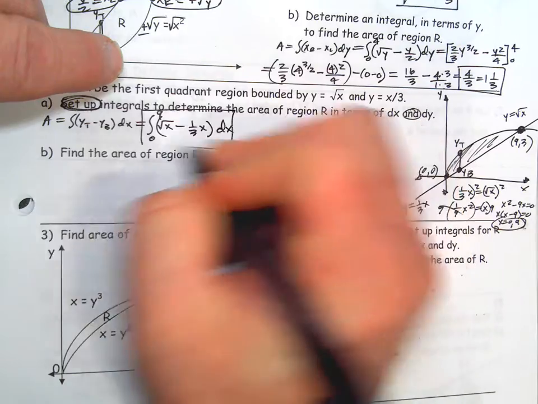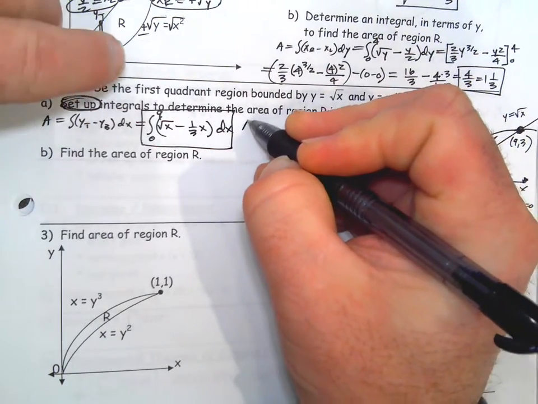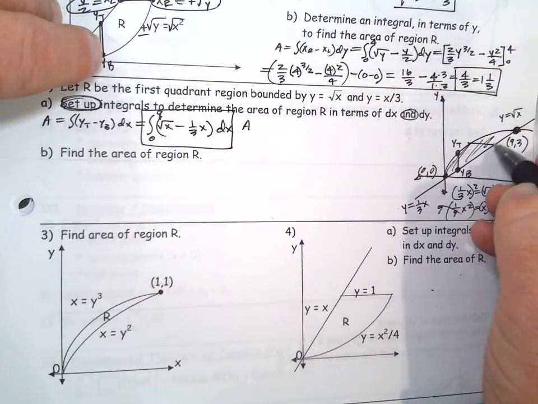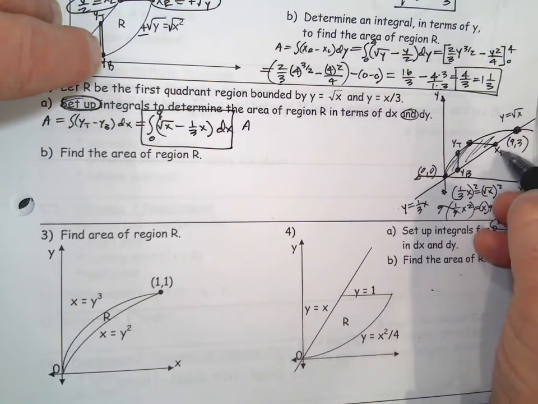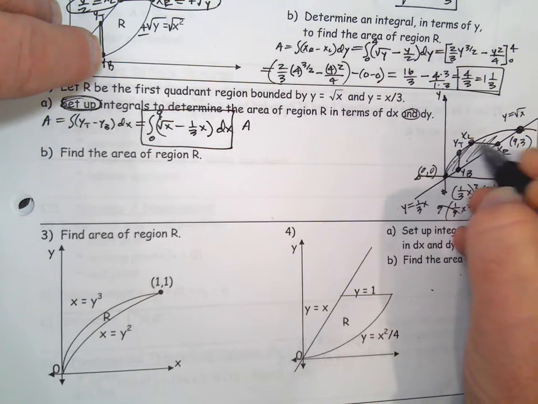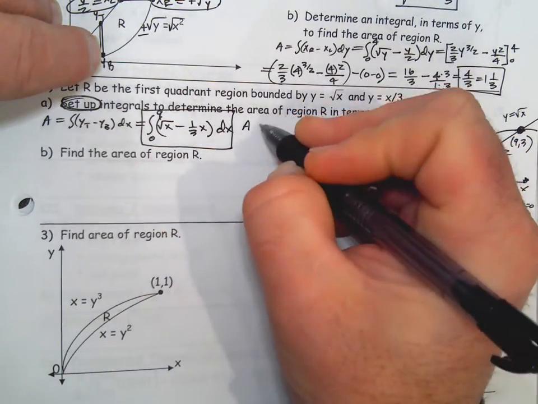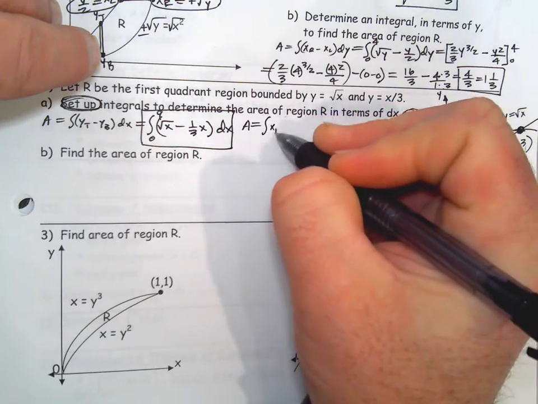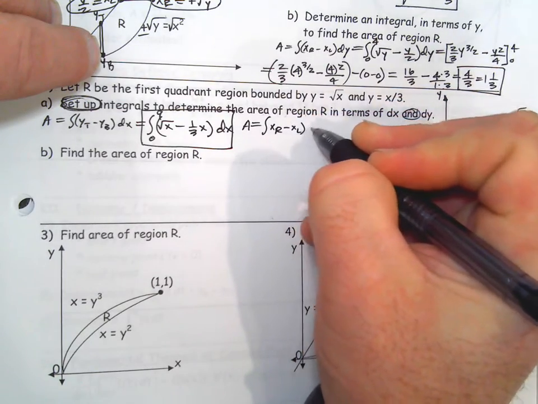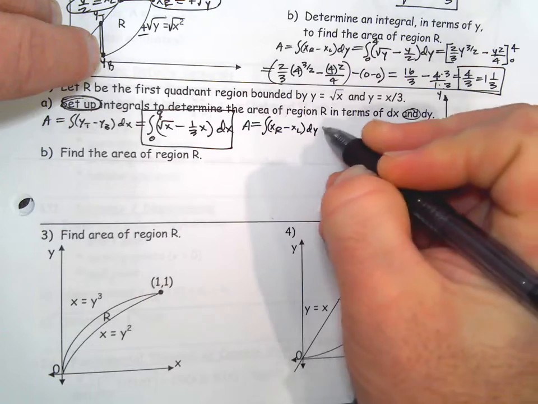And the limits need to be x, left to right, 0 to 9. So that's with dx. If you do horizontal slices, just draw one. x right minus x left gives you the length of that rectangle. You could start with writing that if you want. The other dimension is the dy.